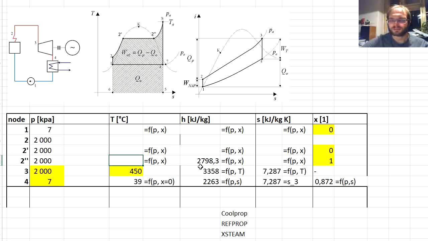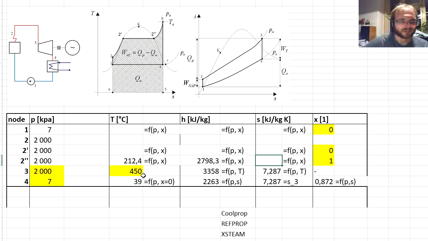And the temperature was estimated as 210 degrees C. The exact value is 212.4. So again, pretty close. We did not get the entropy at that point, but we don't need the entropy at these two auxiliary points.